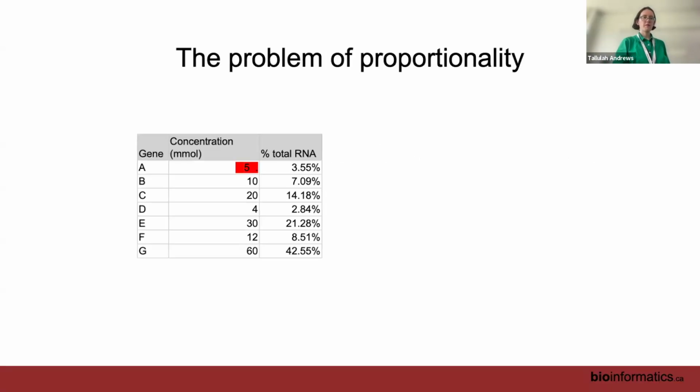So that works reasonably well, but we have this problem of proportionality.